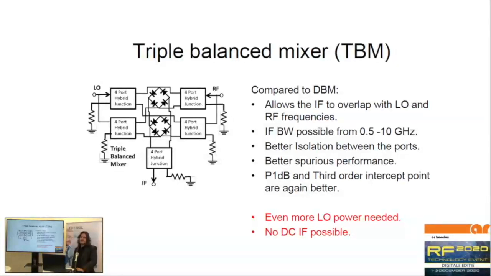And again, the P1 dB and the third order intercept point are better. However, like I said, no DC IF is possible, and again, you need about 3 dB more LO power.